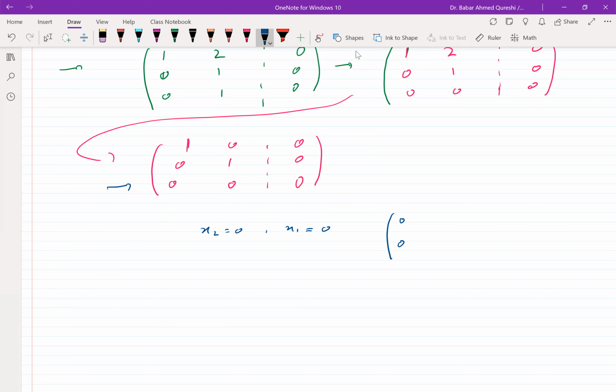Because the dimension of any subspace plus the dimension of the orthogonal complement of that subspace is equal to the total dimension, which in our case is 3.